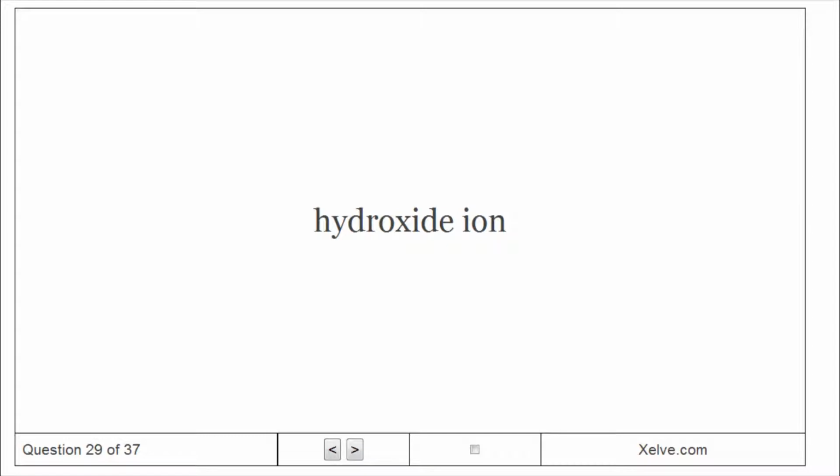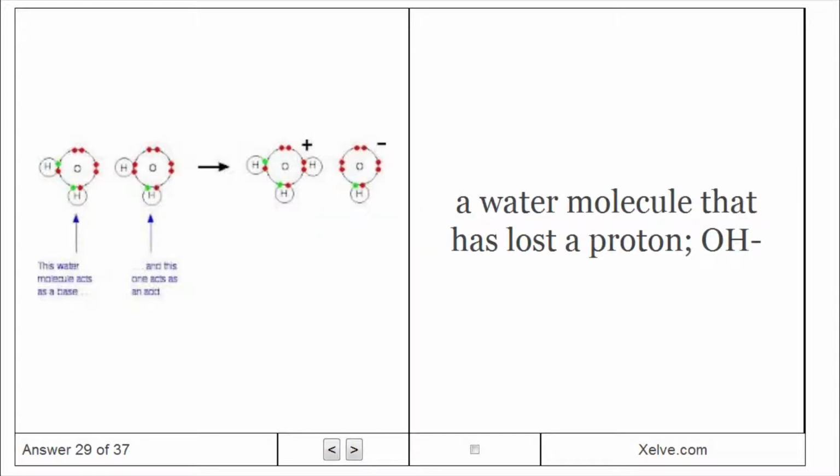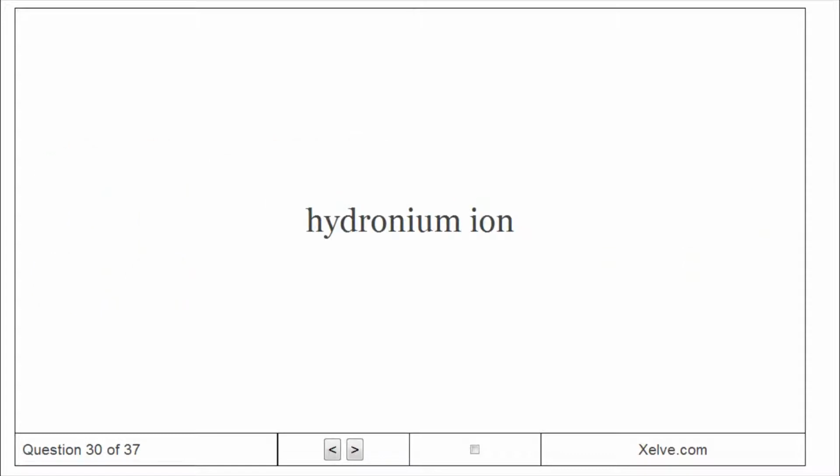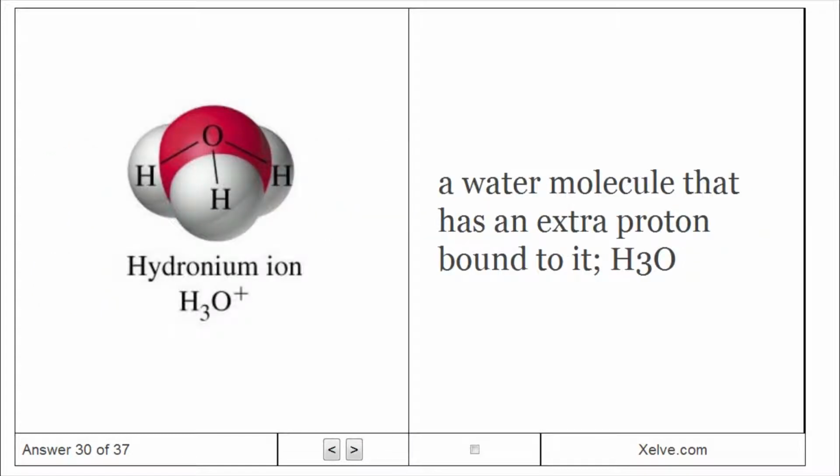Hydroxide ion. A water molecule that has lost a proton, OH-. Hydronium ion. A water molecule that has an extra proton bound to it, H3O+.